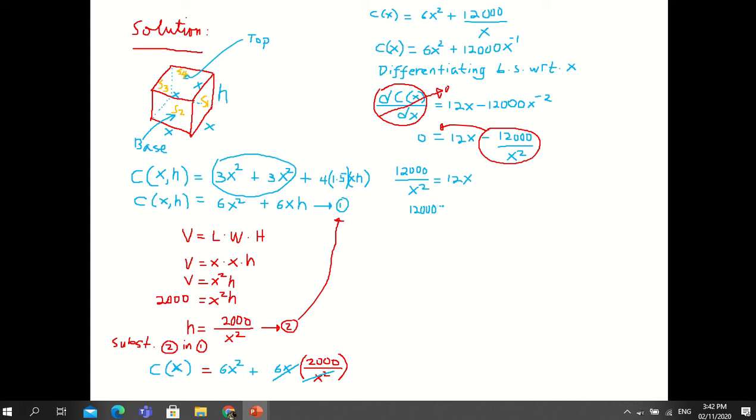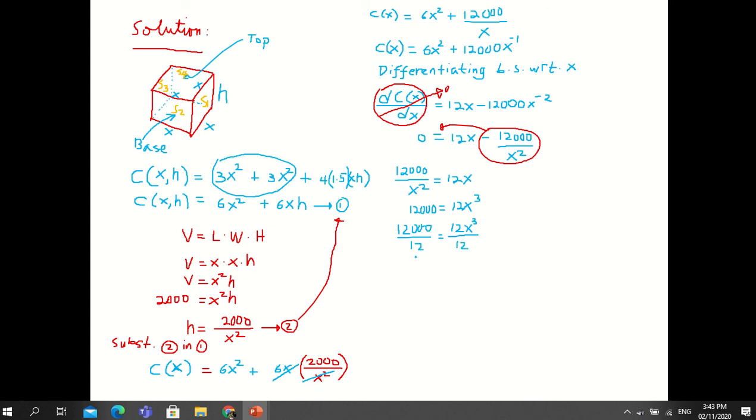Okay, equal to, so the right side becomes 12x times x squared, so that becomes 12x cubed. Okay, and dividing both sides by 12, so 12,000 divided by 12, and the right side also divided by 12, so 12x cubed divided by 12.